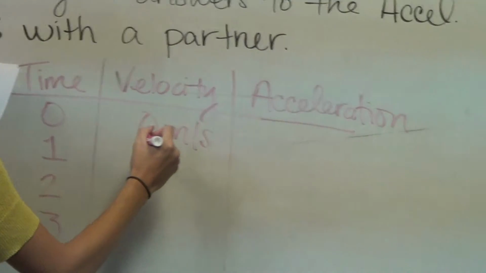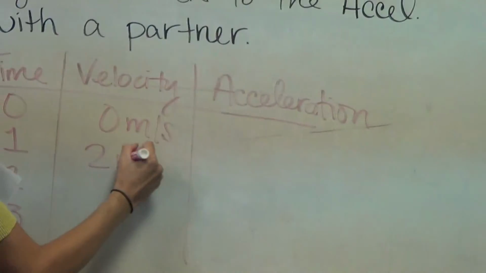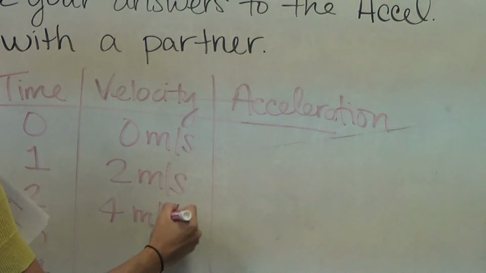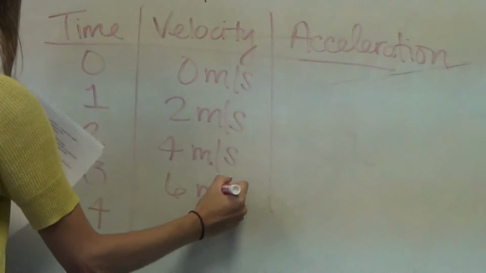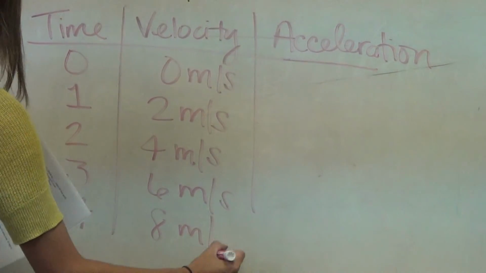Okay, and then we have at 1 second, it's 2 meters per second, and then 4 meters per second, and then 6 meters per second, and then 8 meters per second.